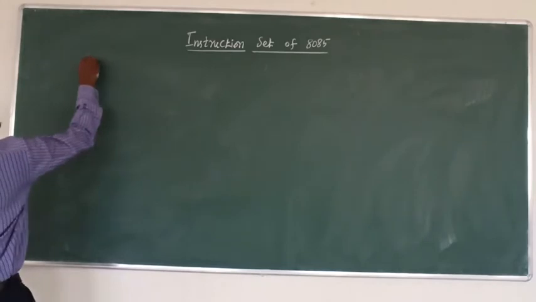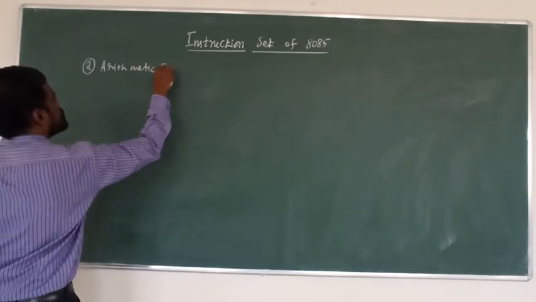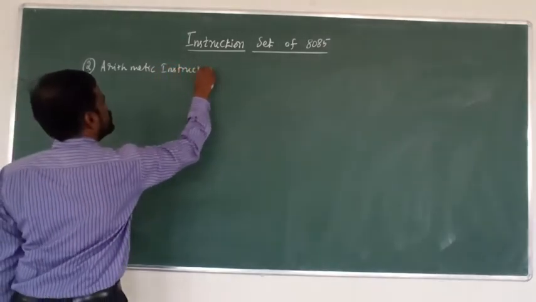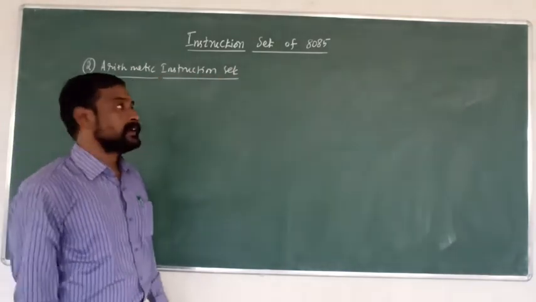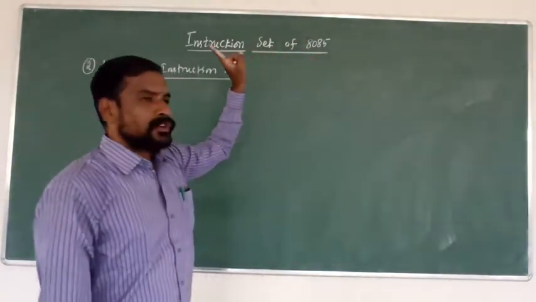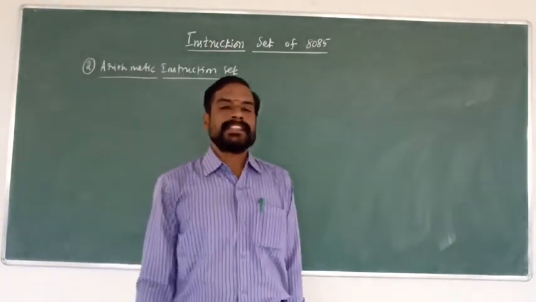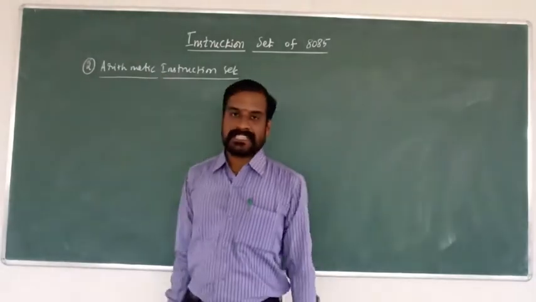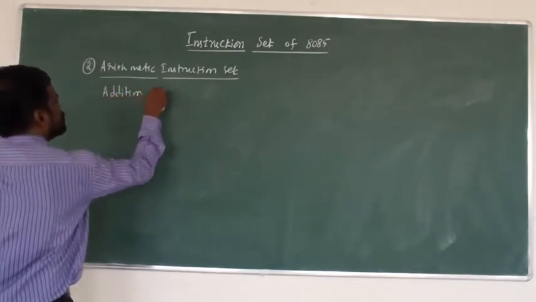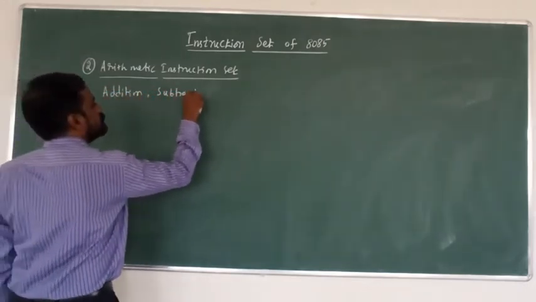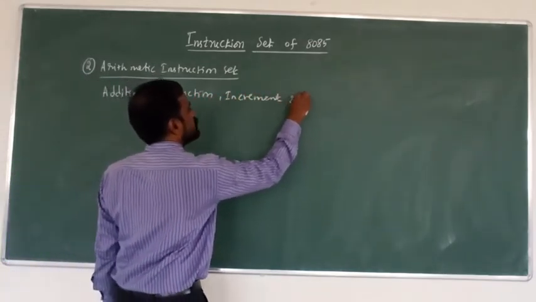Second one, arithmetic instruction set. In the 8085 microprocessor, arithmetic instructions are nothing but addition, subtraction, increment and decrement.